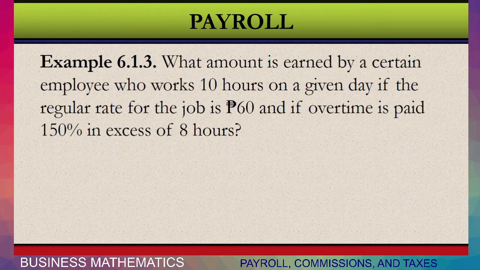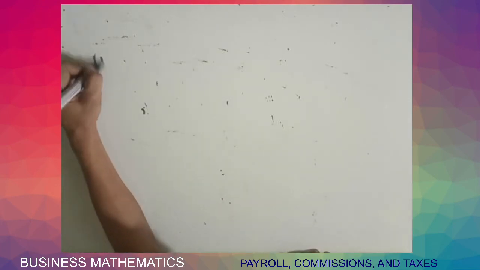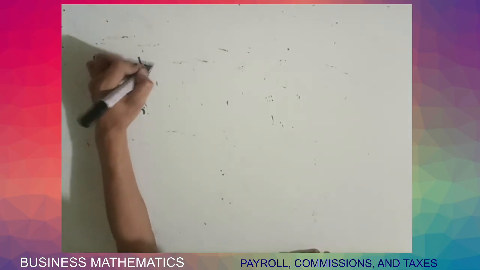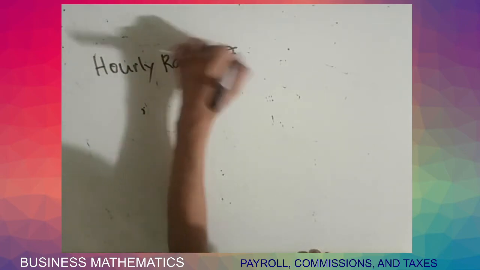Ang regular rate ng isang employee daw ay 60 pesos. So, yung regular rate will be our hourly rate, since yung 60 pesos ay pang hourly rate lang yan. Okay? So, nakalagay doon ay yung given natin will be hourly rate which is 60 pesos.